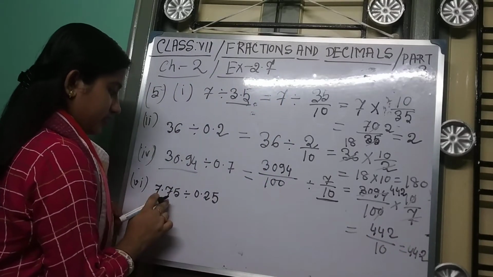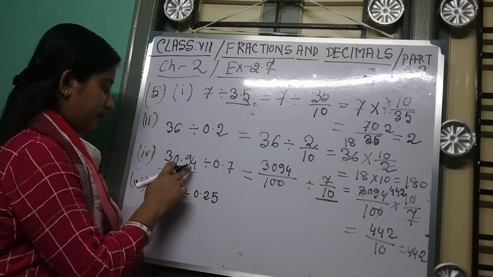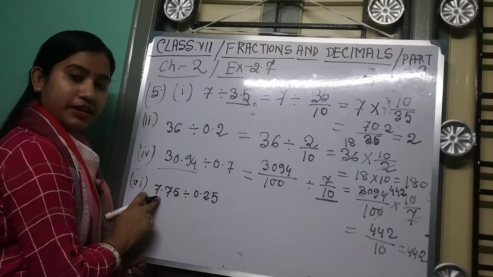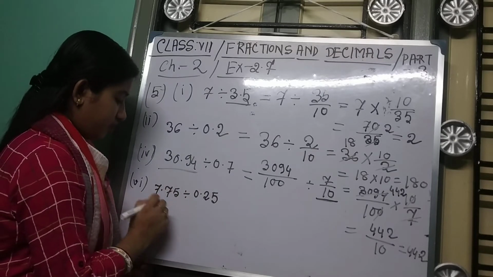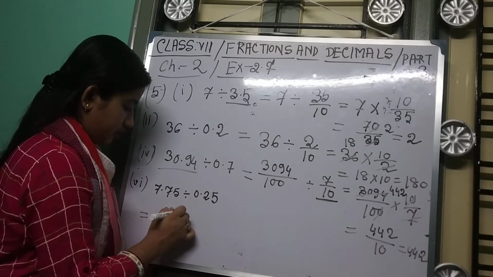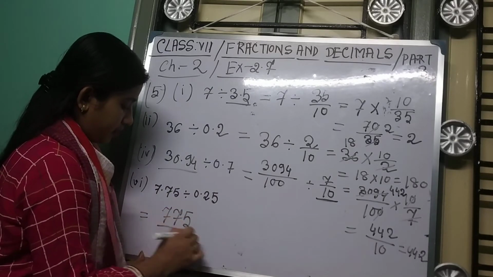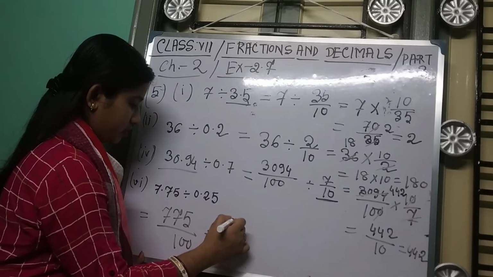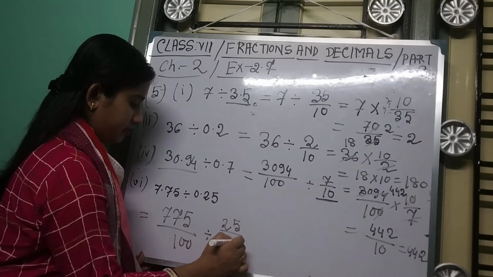Now in number 6, same as number 4, we divide a decimal number by a decimal number. So at first we convert this into a fraction. So this is 775 by 100 divided by 25 by 100.